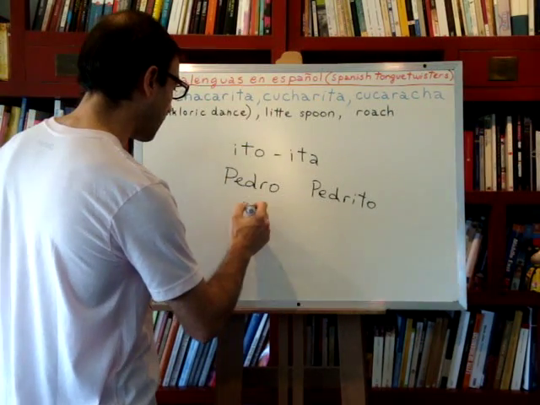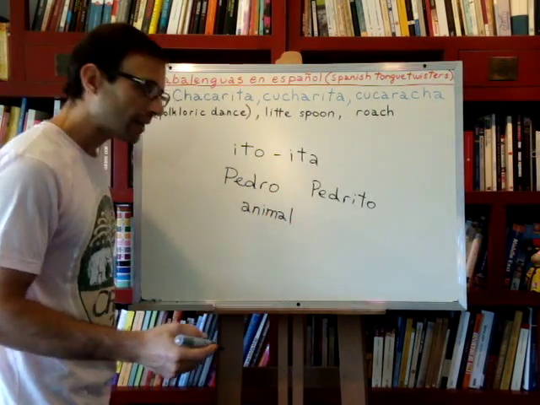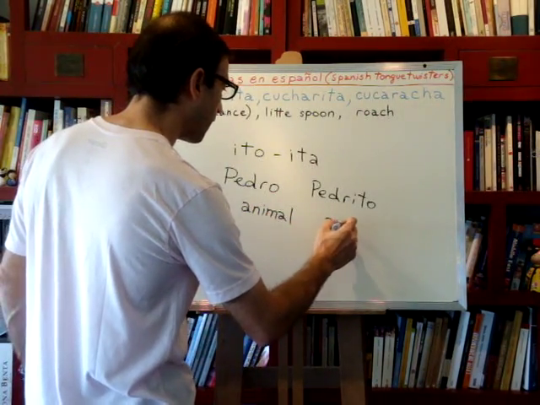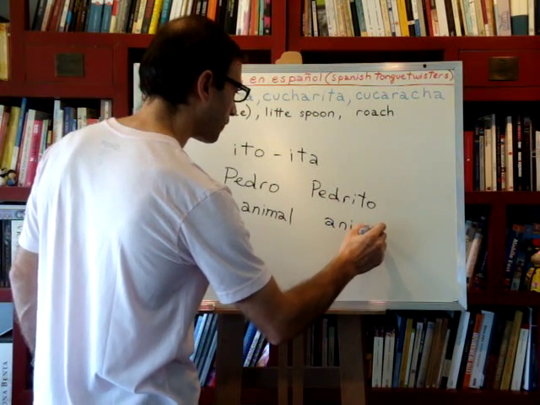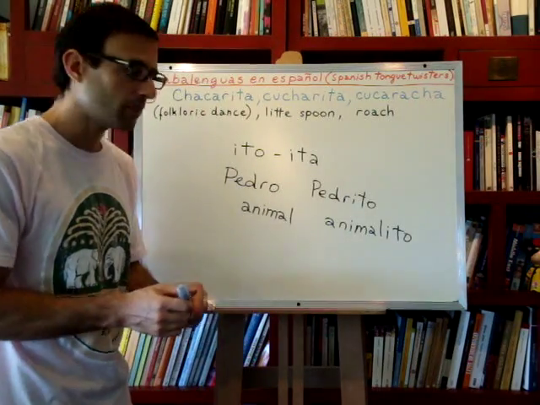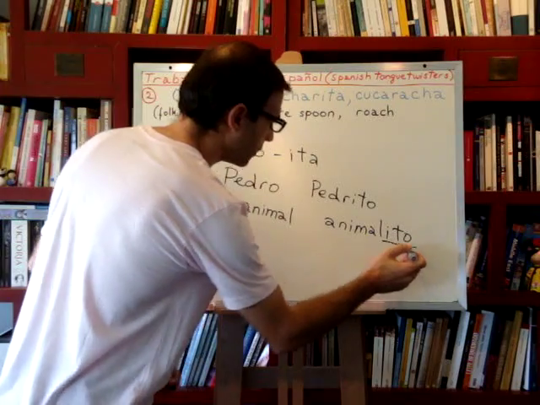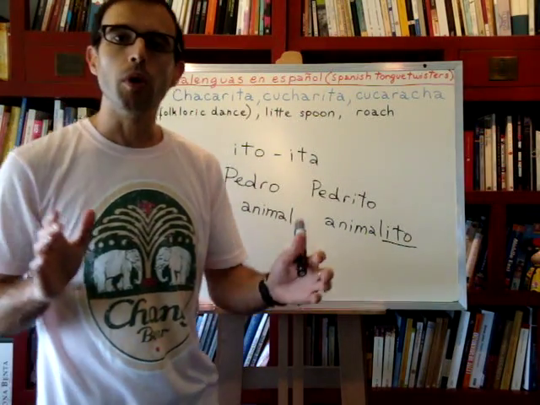Or animal, for example, is animal, yes? A little animal, I will say animalito. Sorry, a small animal. A small animal is un animalito, right? The ending ito, diminutive, means that it is small.